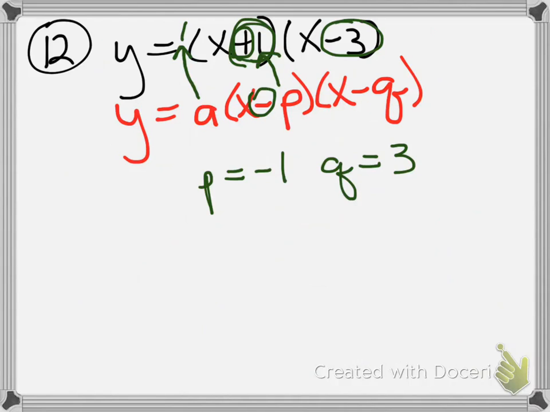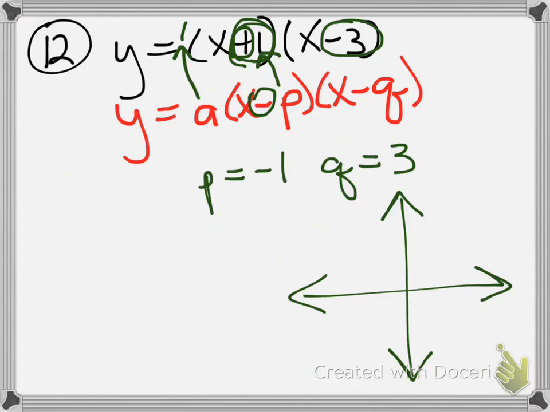Okay, to use the p and q to graph, these are x-intercepts. That means on the x-axis, I can go to negative 1, and I can go to positive 3, and I can go ahead and put a dot at each of those places. I know whatever my parabola looks like, whether it opens up or opens down, I know it's going to go through those two dots because those are my x-intercepts.